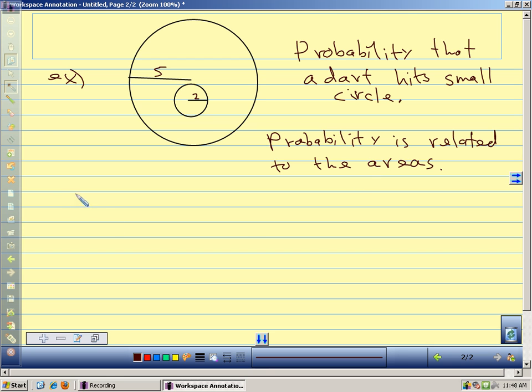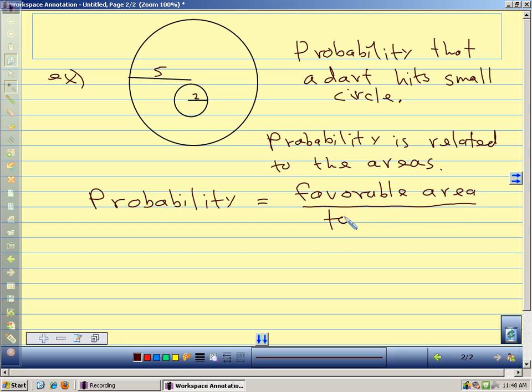And this is the formula that you want to have in your flip book, that when we have shapes, the probability equals the favorable area over the total area. So our favorable outcome is the area of the place that we want to hit. And our total outcomes is the total area of the whole shape.